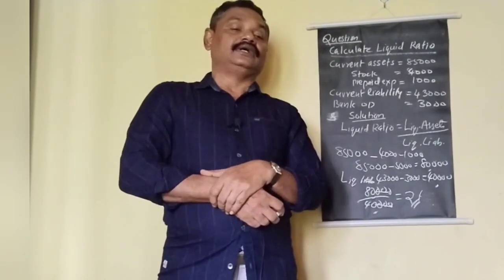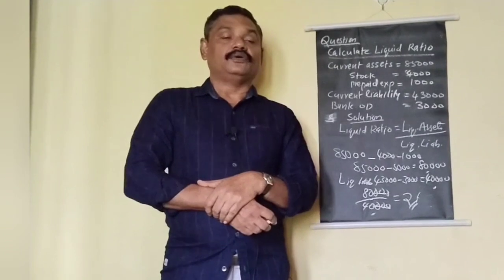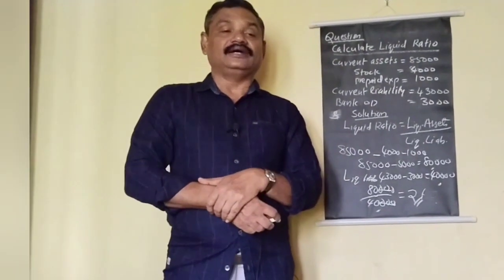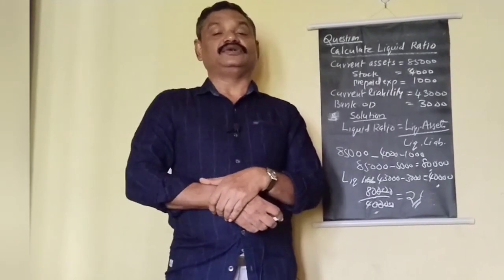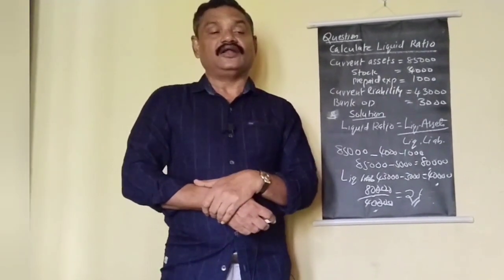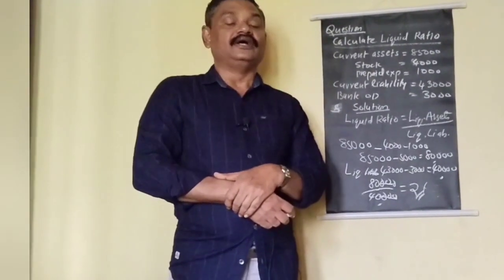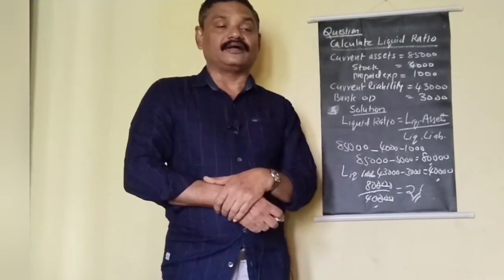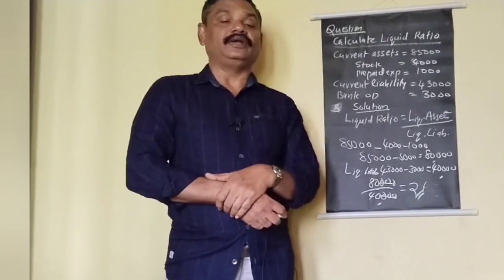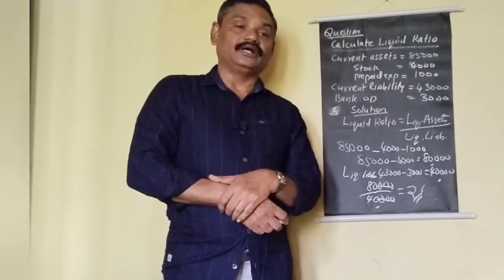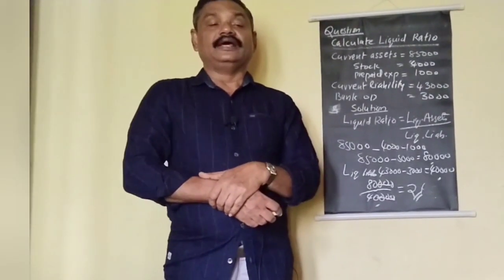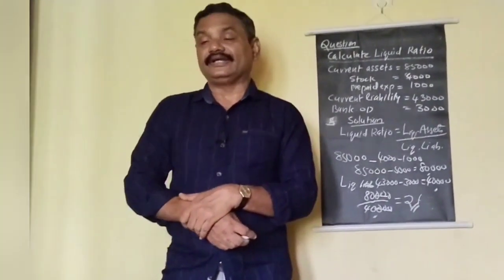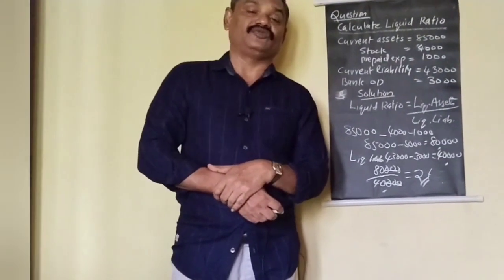Okay, students. Now we can sum up what we have studied till now in ratio analysis. Ratio analysis is the relationship which shows the numerator value and denominator value in terms of percentage, or it simply expresses the relation between two mathematical figures in terms of percentage.